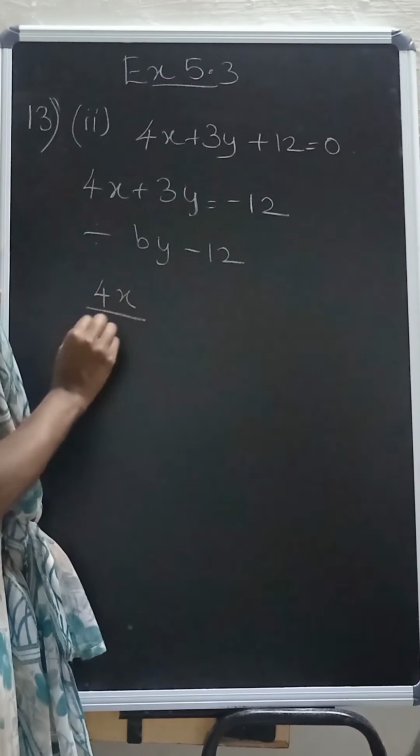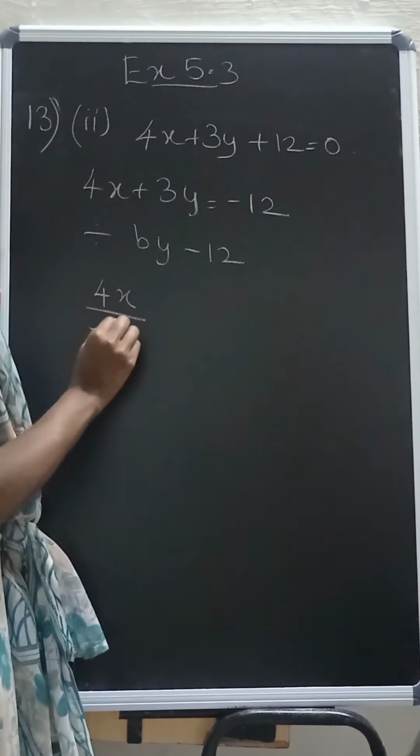So you will get x by minus 3 plus y by minus 4 is equal to 1. So you have x-intercept a is equal to minus 3, y-intercept b is equal to minus 4.